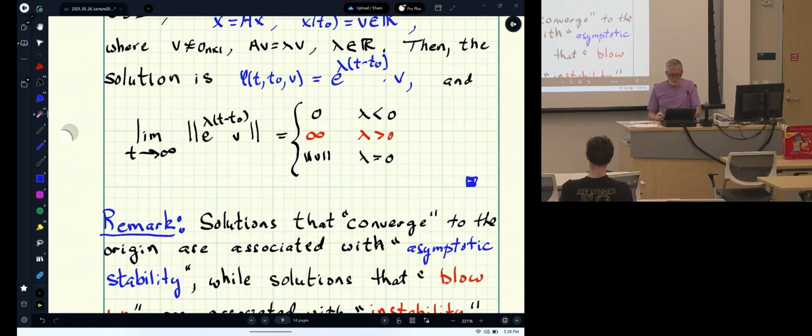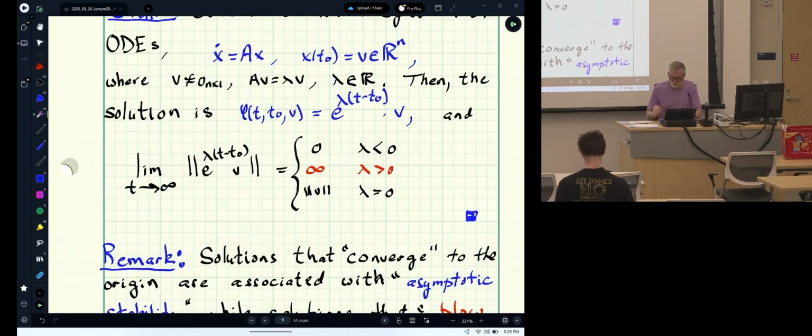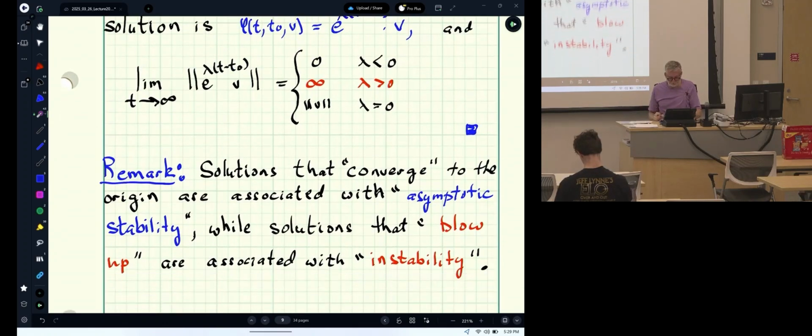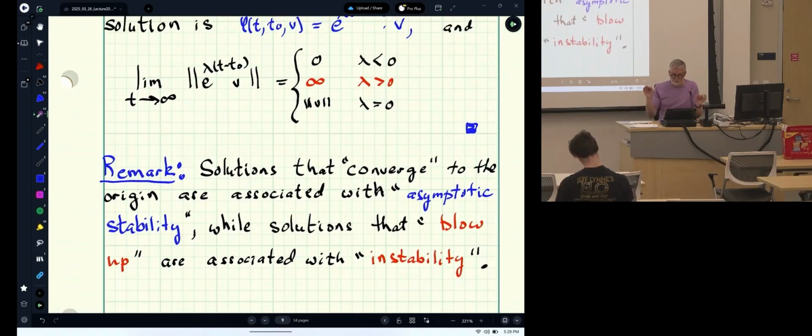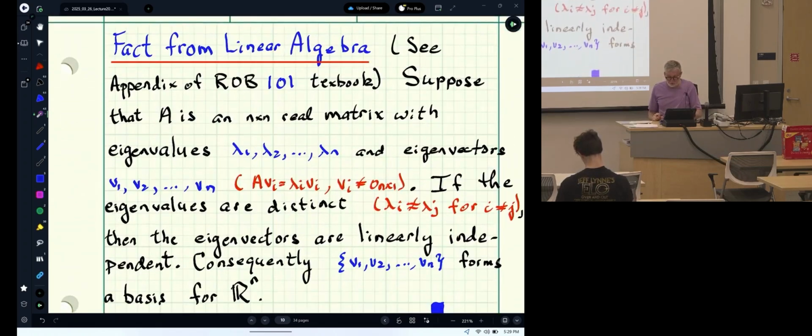So what we're seeing is, just by looking at the eigenvalues, we know something about whether a particular solution, when it's an eigenvector, is asymptotically decaying or blowing up. Now, we're not talking here about oscillations, and we'll see how oscillations arise. This is that fact from linear algebra we just mentioned.